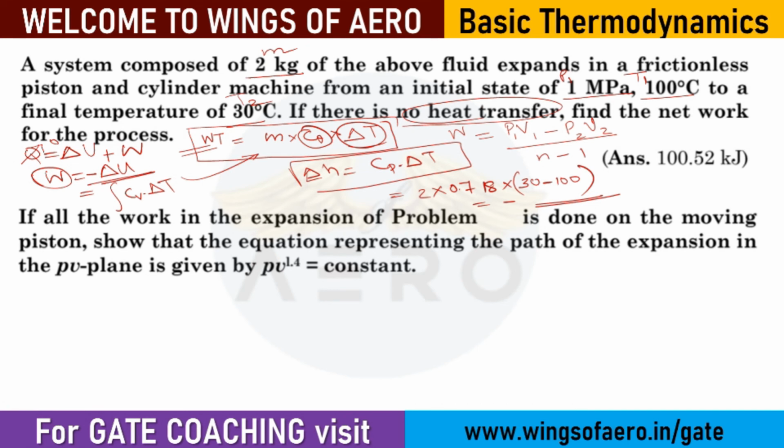Now tell me the answer. Tell me the answer, what you're getting. Two into 0.718 into 30 minus 100, that is minus 70.